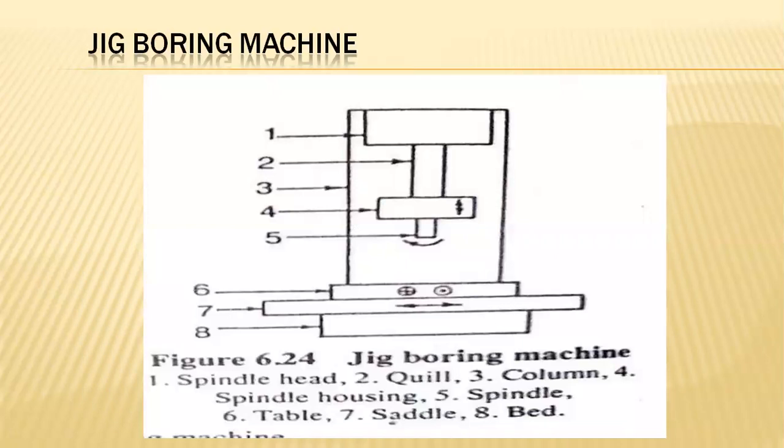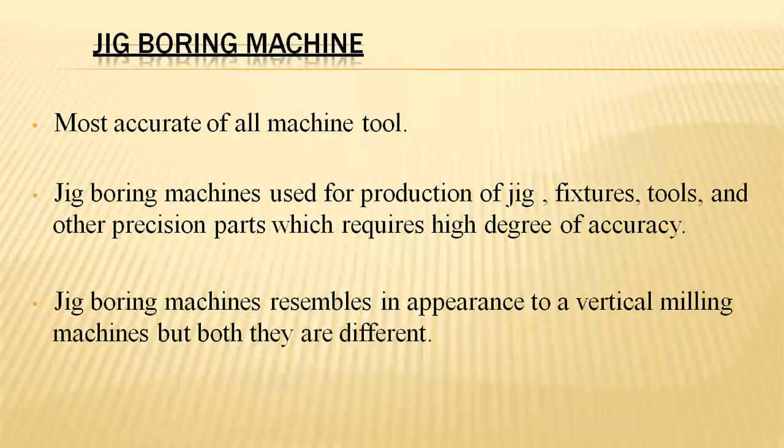Coming to the internal parts of the jig boring machine, the spindle head is quite common with respect to a normal boring machine. In the case of this jig boring machine, an additional feature is that very accurate results will be generated, in the sense of our diameters or dimensions.